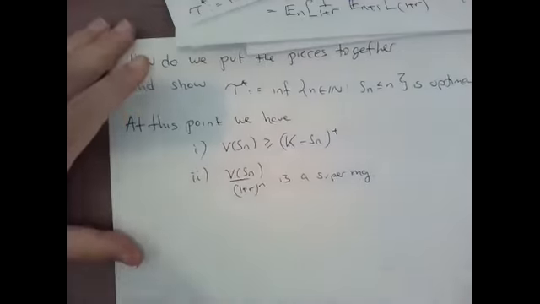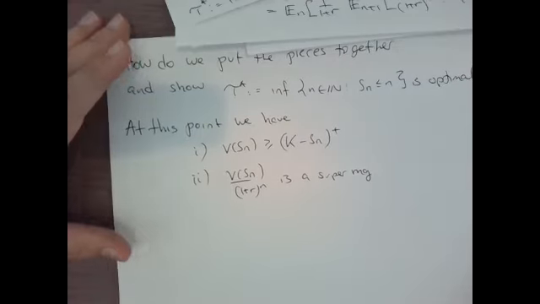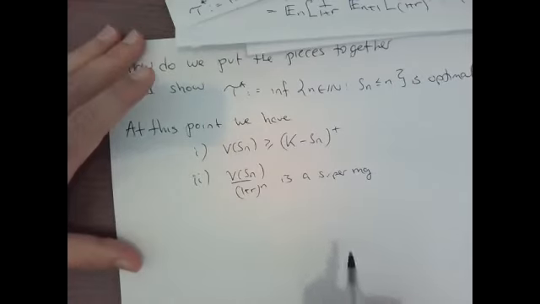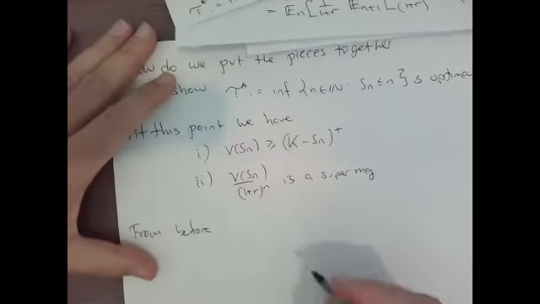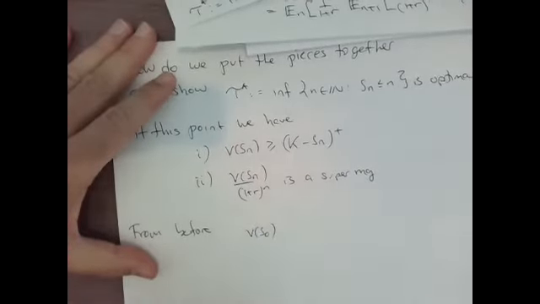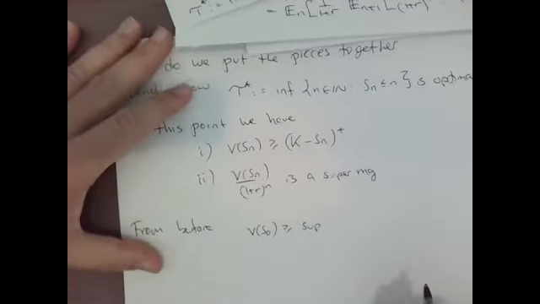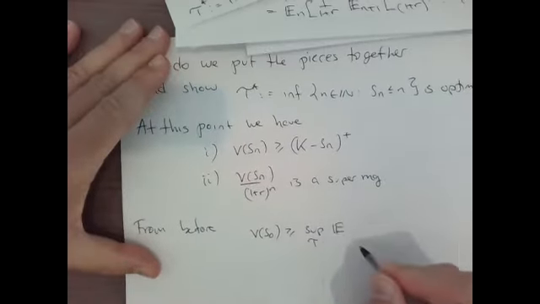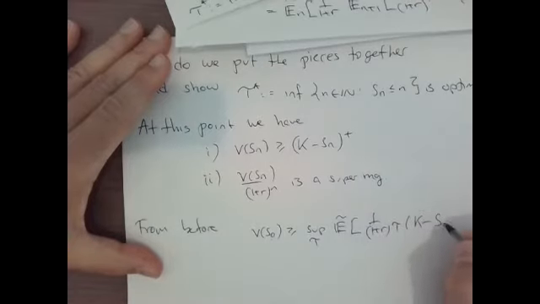From these, I get an inequality, as before. V of S_0 is going to be bigger than this supremum over tau of the conditional expectation of 1 over (1 plus R) to the tau times (K minus S_tau).